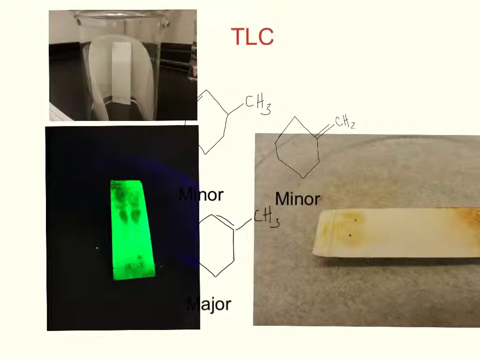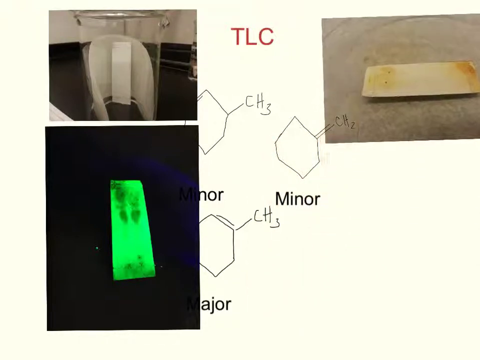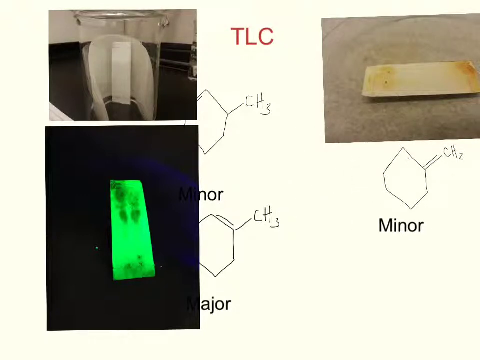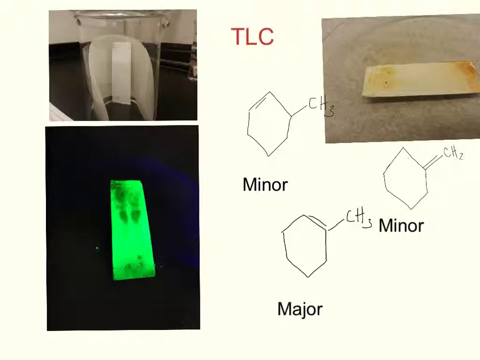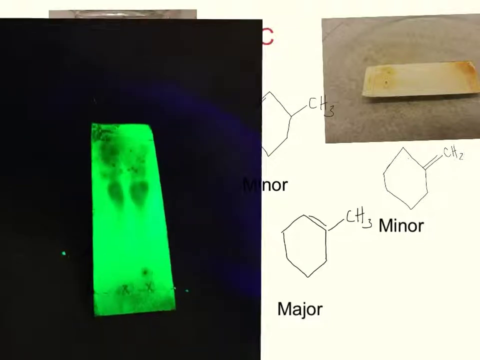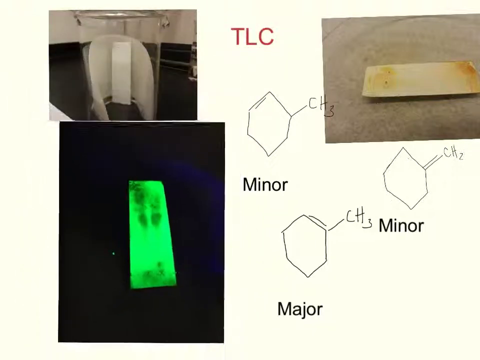I compared my results to one of my classmates, and they actually got 3 different dots on the TLC. As we can see here, we have 1, 2, 3. It was run twice just to verify 1, 2, 3. And so it proves that yes, 3 products are possible to form in this reaction.